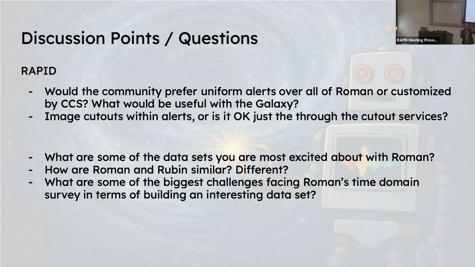Gautam, you have a response to that? Yeah, I'll point out that for time domain, you don't actually have to collocate a whole lot of the data, because the Rubin-Roman overlap is only about 5,000 square degrees in HLWAS, and HLTDS is so tiny that it doesn't matter. So you can fairly quickly do queries to pull cross-match postage stamps or even larger cutouts using the Rubin postage stamp server.